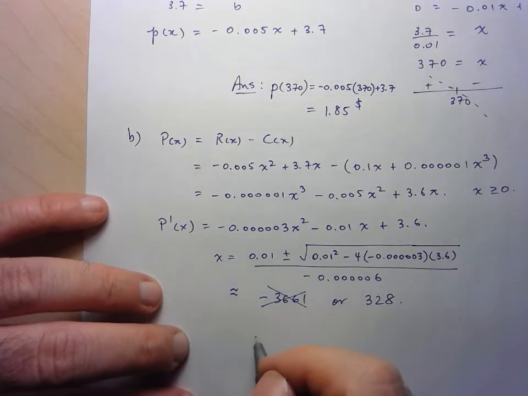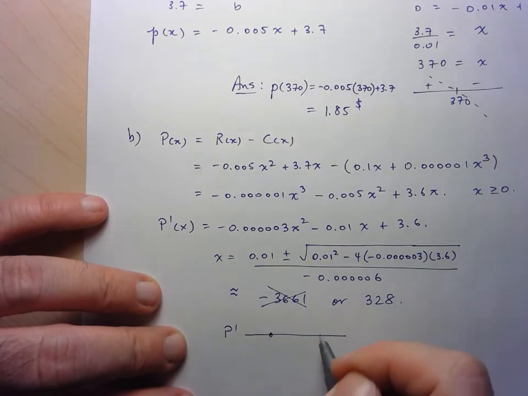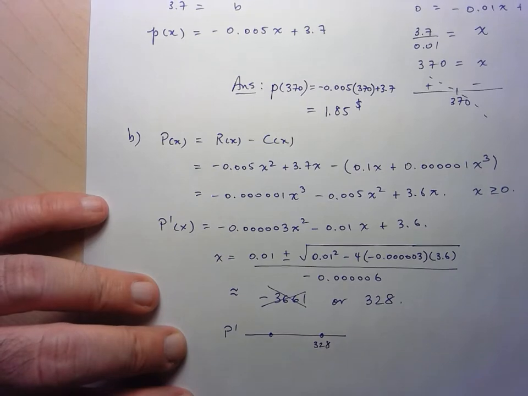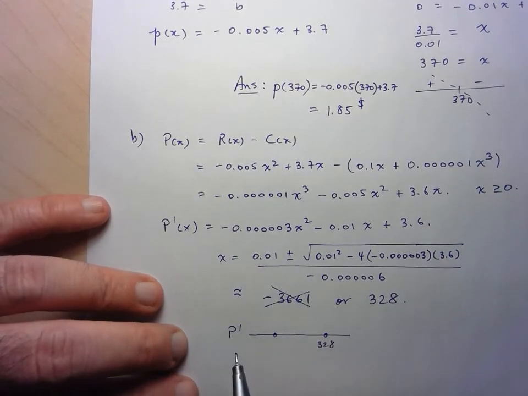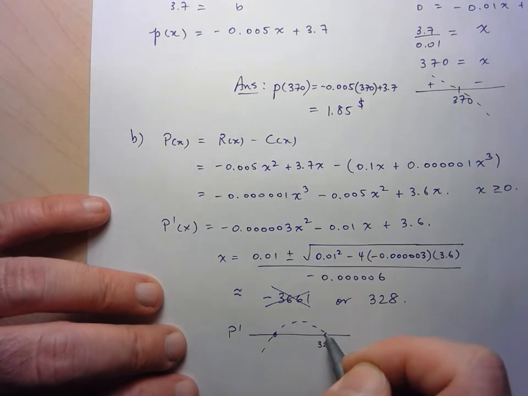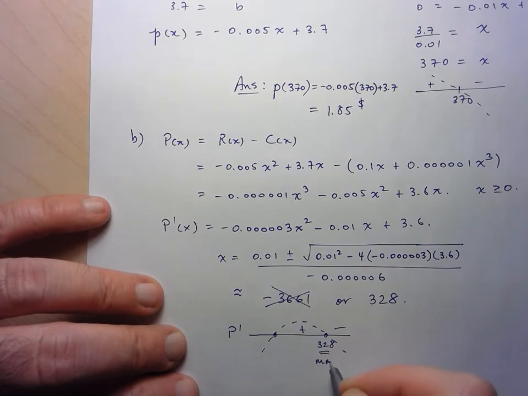Okay, so here, if we look at P prime, well, I had my 2 zeros, including my negative one, so 328 is the only one I'm interested in, and we see that this is a quadratic opening downwards, so this is going from positive to negative, so this is indeed a max.